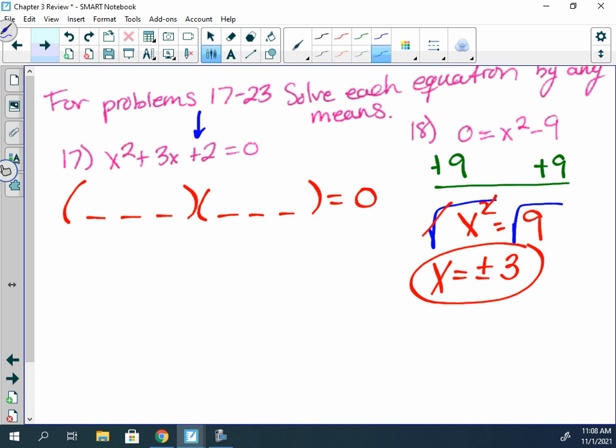But we do have two sets of parentheses with 3 spaces. We'll look at the signs, or find the signs. We'll look at the third term. If the third term is positive, the signs are the same and they match the sign of the middle term. Well, since it is positive, the signs are the same and they match the sign of the middle term, which is plus. So we have plus and plus.